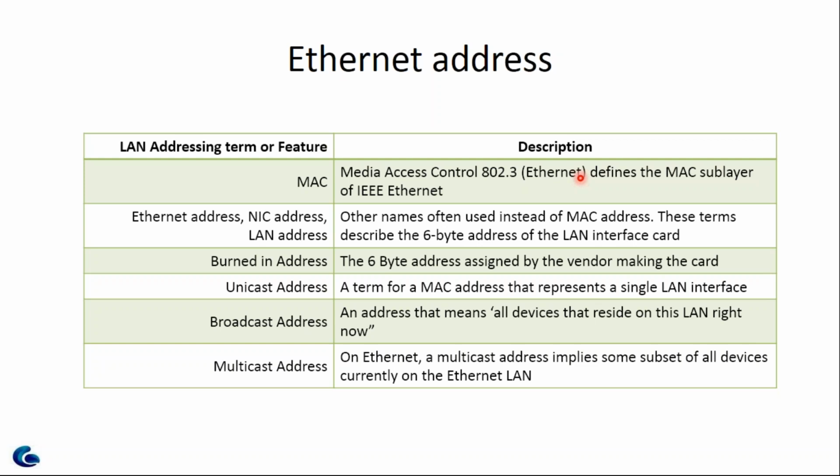And finally, we have a multicast address. There are several protocols, like routing protocols or even switching protocols like spanning tree protocol, which are implemented in several devices. They all need to exchange some information. We call it bridge protocol data units, BPDUs.